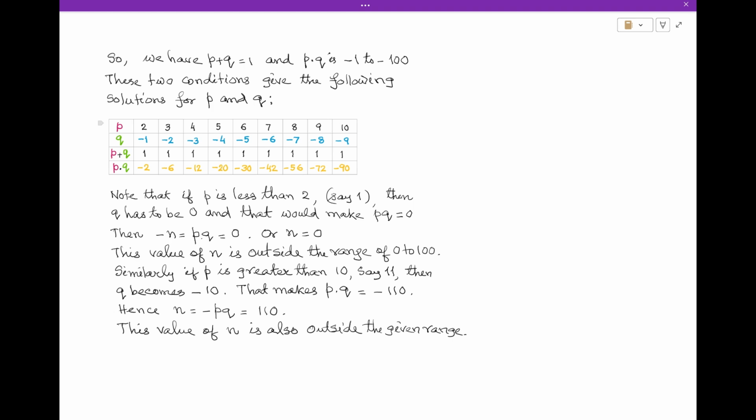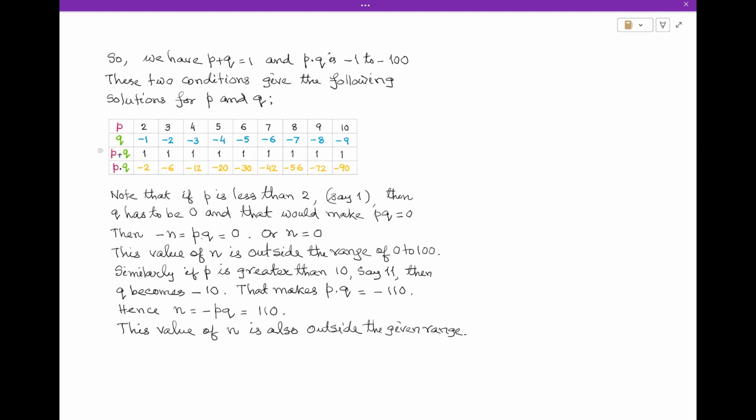Simultaneously, q can be minus 1, minus 2, minus 3, minus 4, minus 5, minus 6, minus 7, minus 8 and minus 9. So that p plus q in each case is 1, which is required.